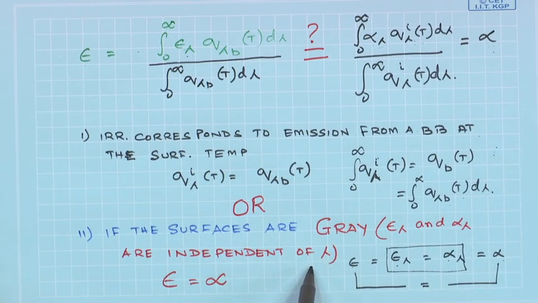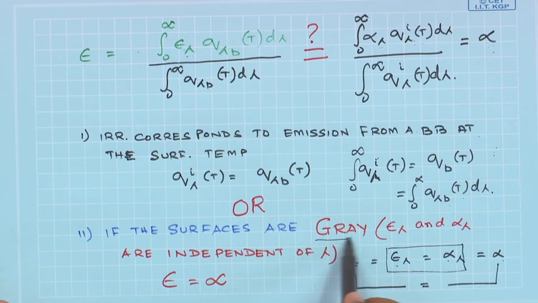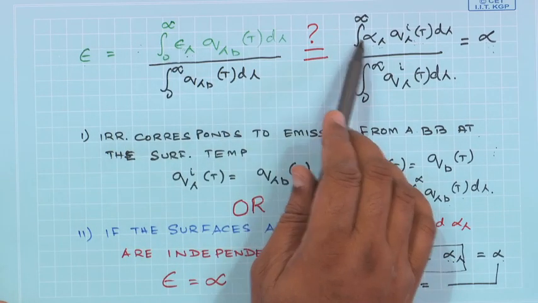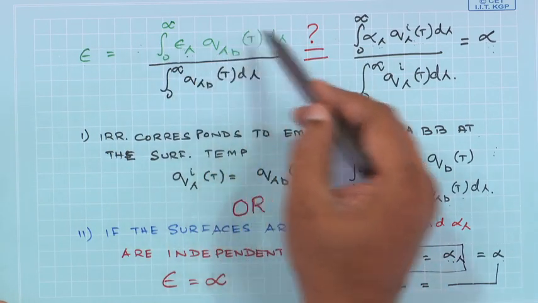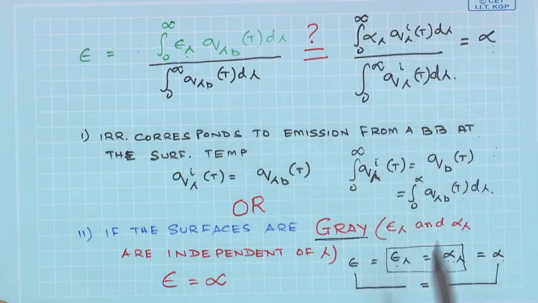If we do assume that, which defines a special class of substrate as the gray substrate, then since these two are independent of lambda, they can be taken outside of the integration sign. Numerator and denominator in that case will cancel out. So, what I would be left with is epsilon equals epsilon lambda equals alpha lambda equals alpha, which essentially means epsilon is equal to alpha. The overall emissivity is equal to the overall absorptivity.